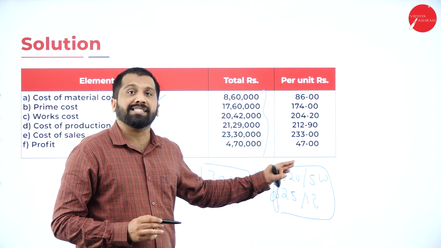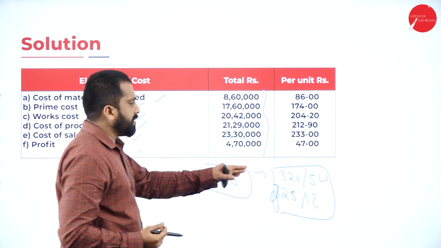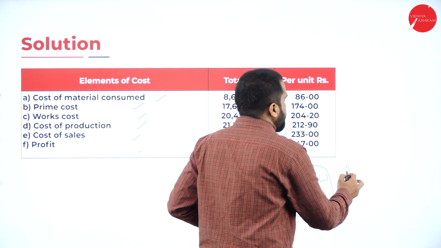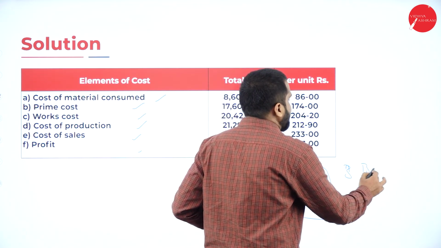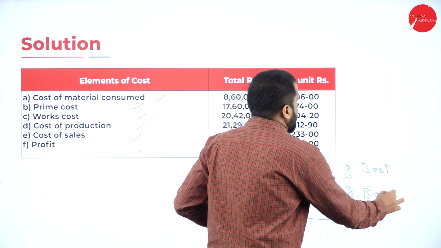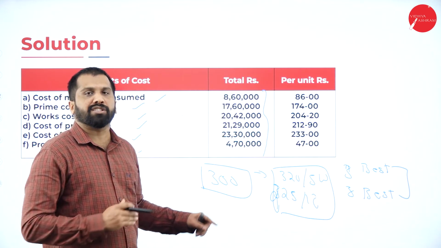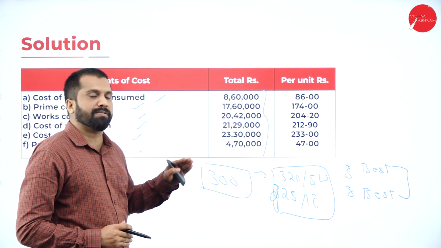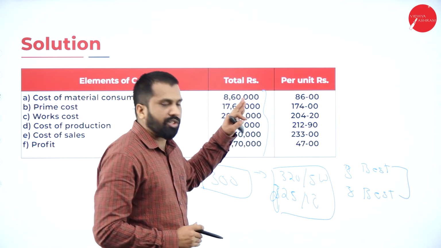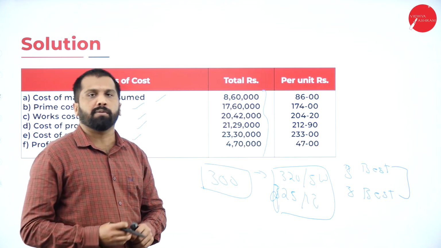Now, this is a summary. By seeing this, you will get to know, and along with this, they will write 3 best batsmen and 3 best bowlers. This kind of summary they will give you at the end of the match. Similarly, in the cost sheet also we give the summary. It is not compulsory, it is optional.